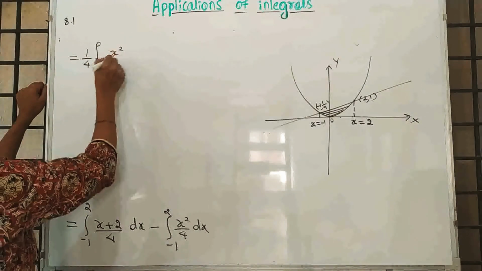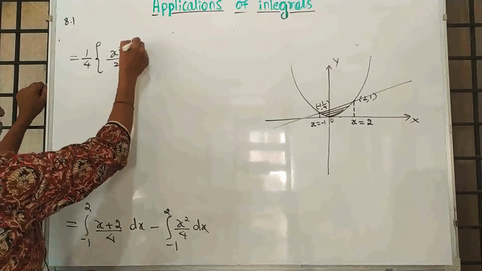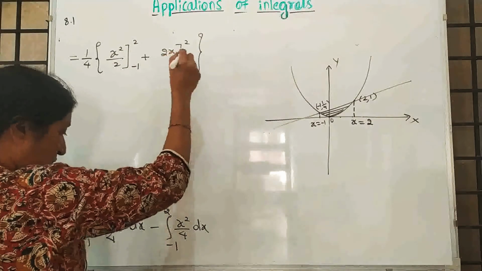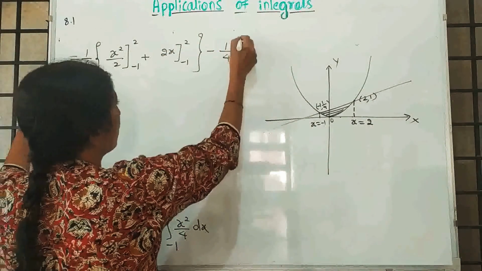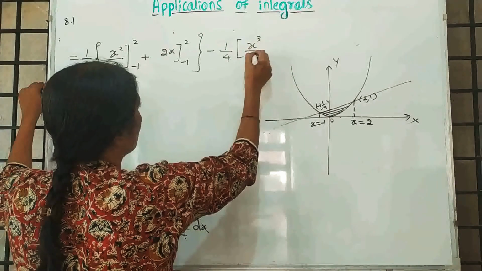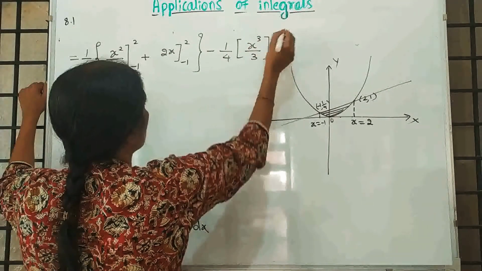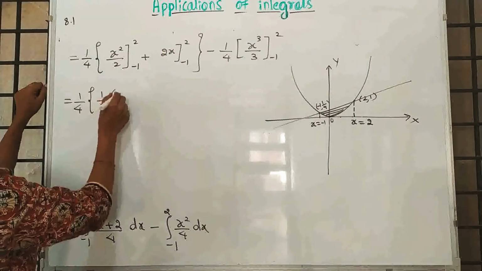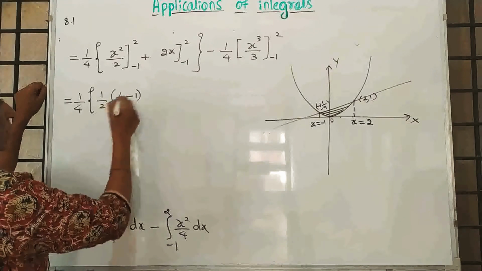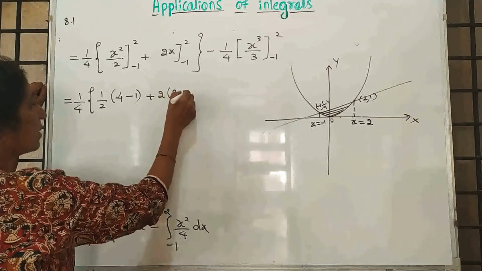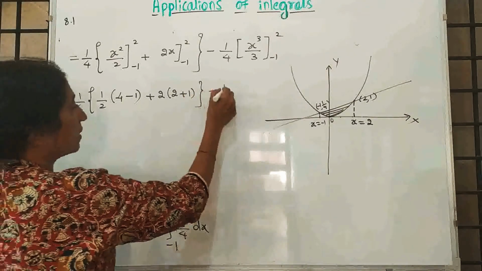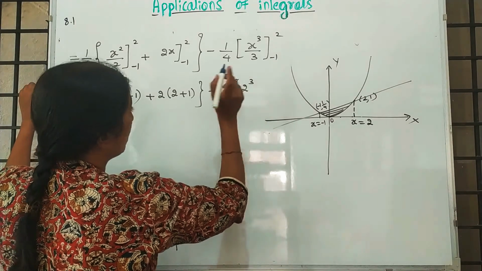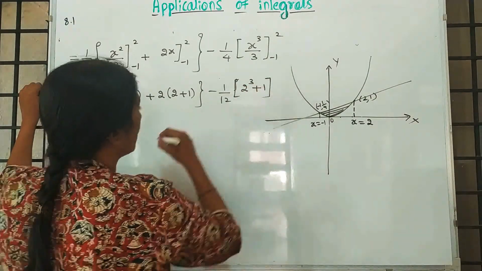Integration of x is x square by 2, from minus 1 to 2, plus 2x from minus 1 to 2, minus 1 by 4, this is x cube upon 3 from minus 1 to 2. 1 by 4 in the flower bracket, 1 by 2, 2 square is 4 minus 1 square is 1, plus 2 into 2 minus into minus becomes plus, it is minus 1 by 12, x cube means 2 cube, minus 1 cube is minus 1, minus into minus becomes plus.